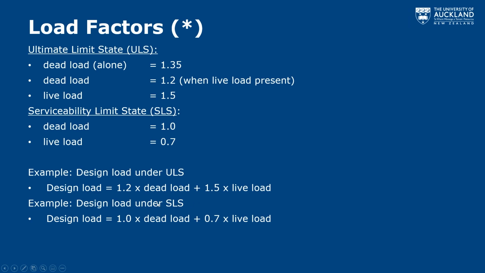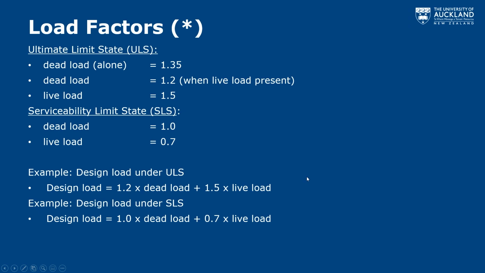Then for serviceability limit state, analogously, we're looking at just a 1.0 factor multiplied by that dead load that we have coming out of our tables, or calculated from, say, our self-weight. And similarly with our live load, we just throw a 0.7 factor on there.